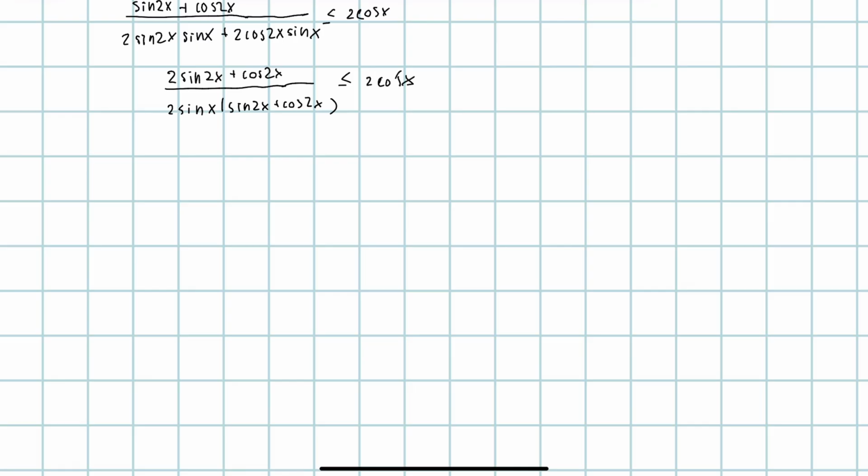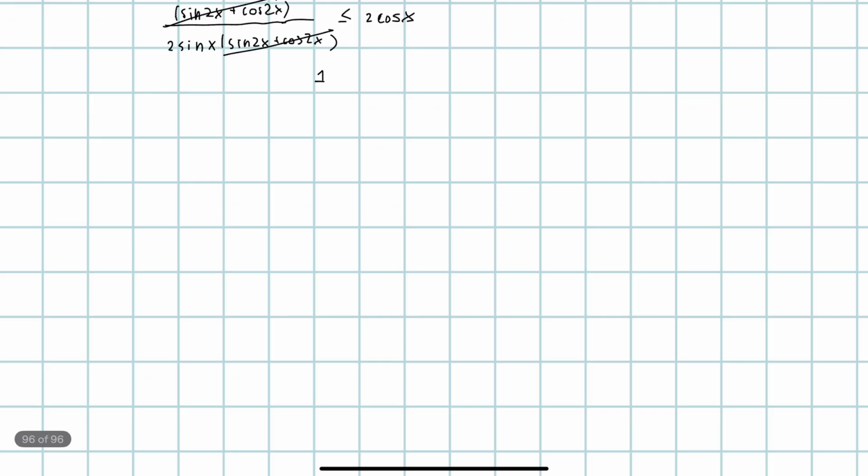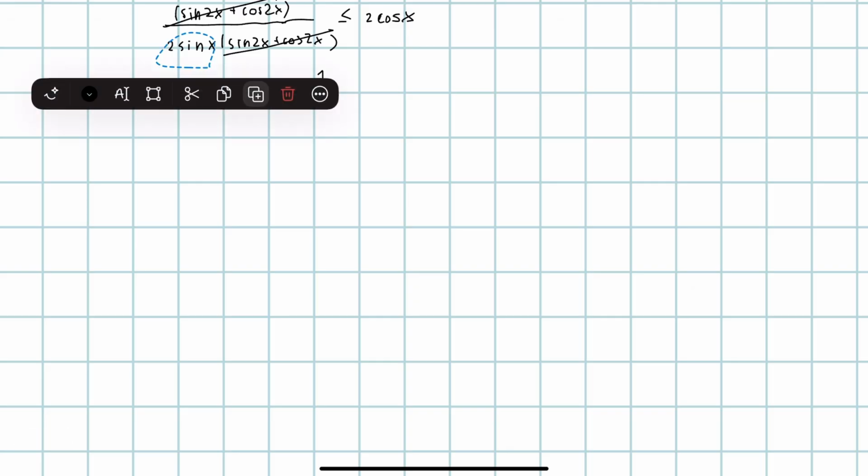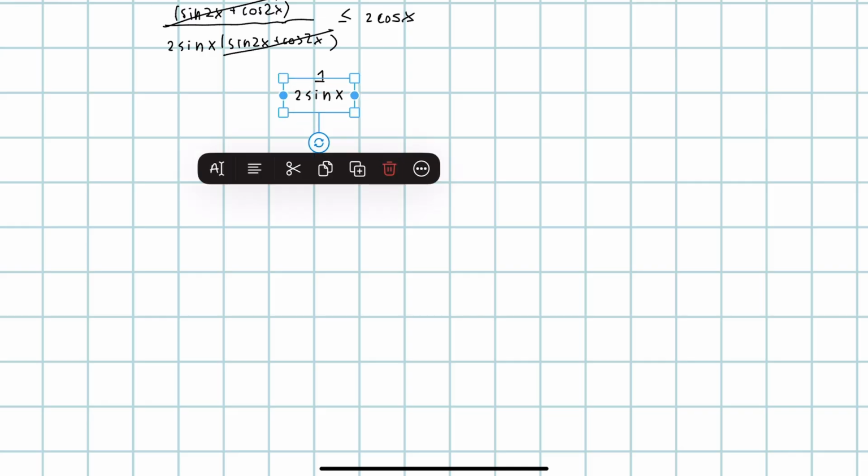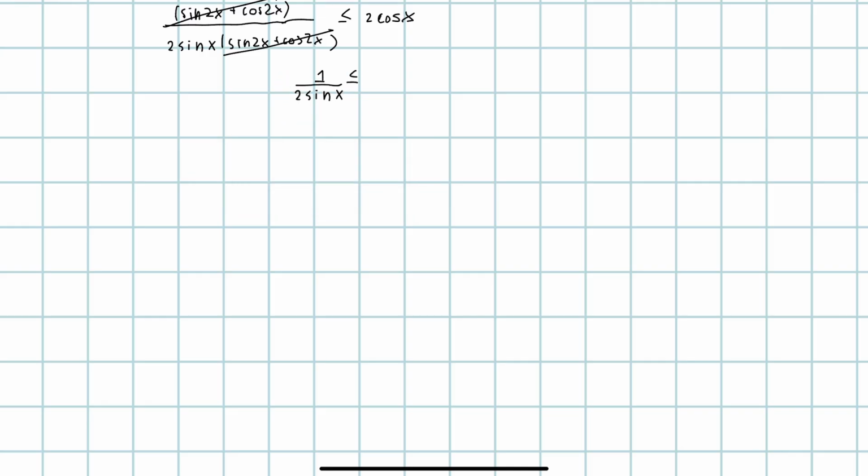Now we have a common factor in the numerator and denominator, so we can cancel that out. This just leaves us with 1 over 2 sine of x, and we can rewrite this as 1 less than or equal to 4 sine of x times cosine of x, by simply multiplying both sides by 2 sine of x.